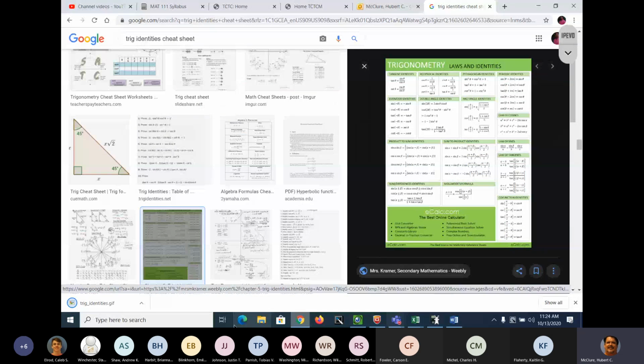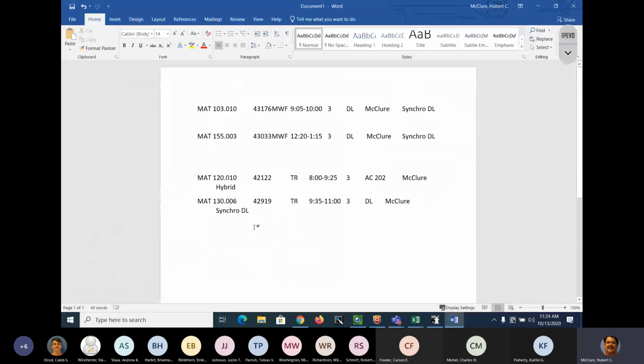Oh, while I'm at it, not that it applies to any of you, because most of you are going to take 140 either next semester or take my 140 in the summer. But if you want to take one of these courses for math, Math 103 will transfer to Clemson as a math or an elective. If you're an engineering or science major, which most of you will be, that will transfer as an elective.